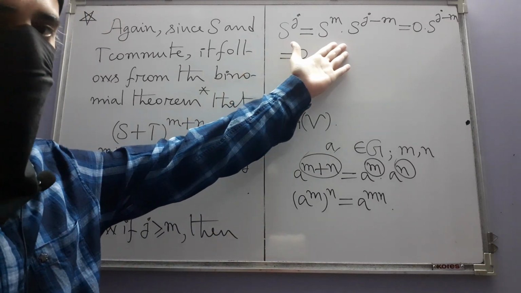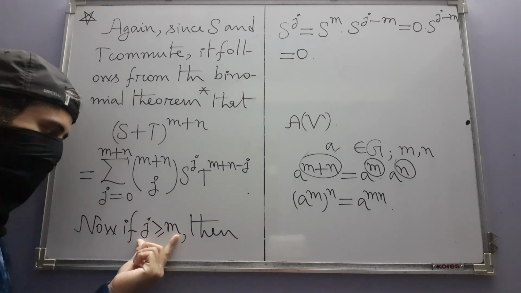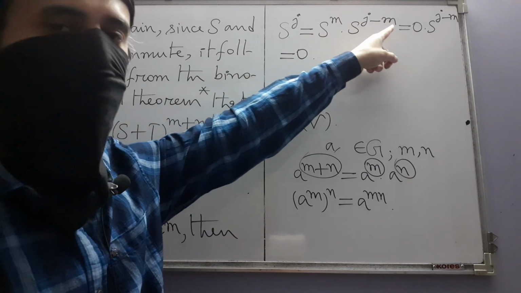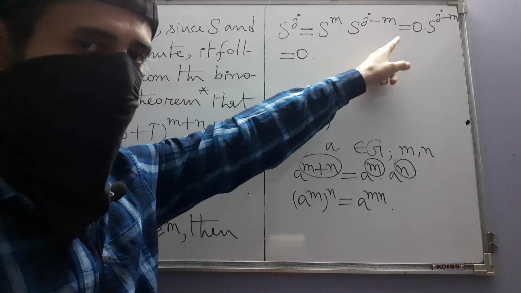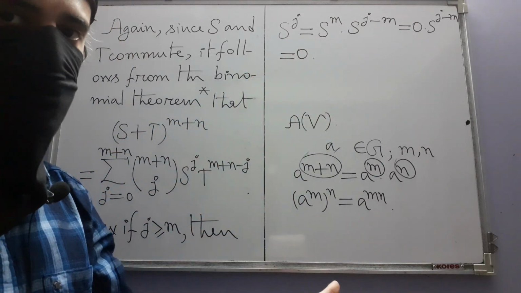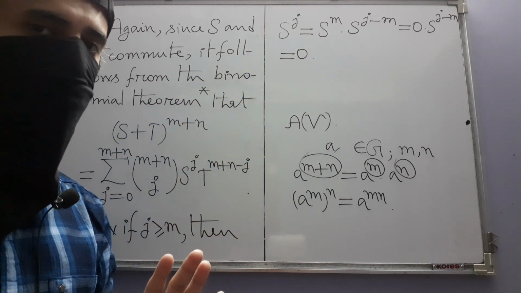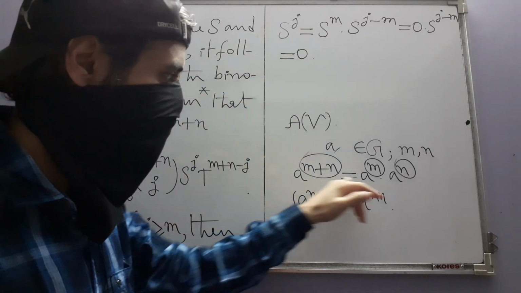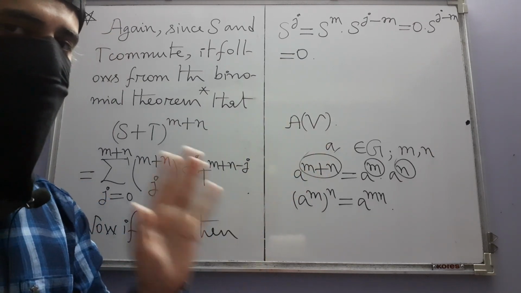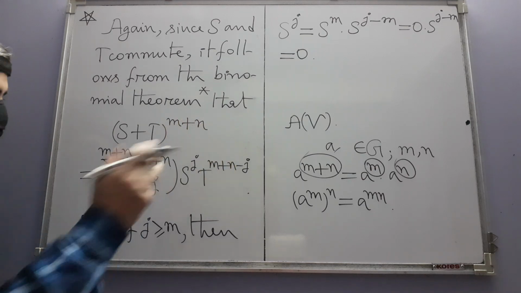That's the case here. And that is why we needed this condition that j is greater than or equal to m, because then j minus m is non-negative, it can be 0 or it is positive, and m is already positive. That's why there is actually no problem. But it is not the rule of exponent in a group. No, this is not a group under multiplication. But anyway, we get this.